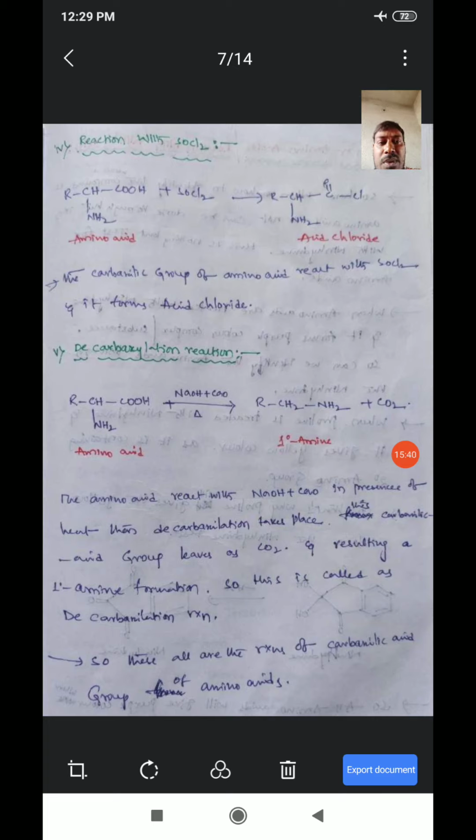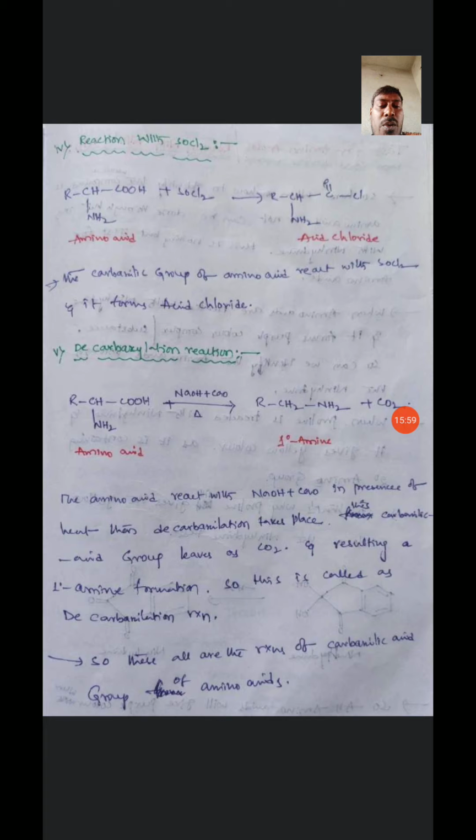Then next is the decarboxylation reaction. In this reaction the amino acid RCH NH2 COOH reacts in the presence of NaOH plus CaO, that is soda lime, under heating, and it forms primary amines with loss of CO2.